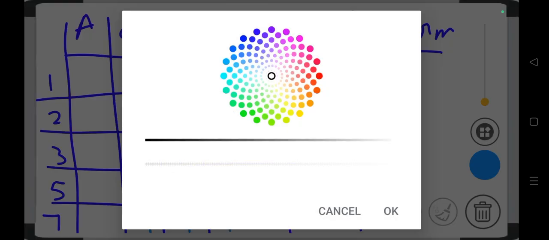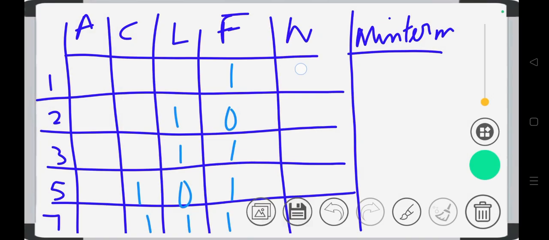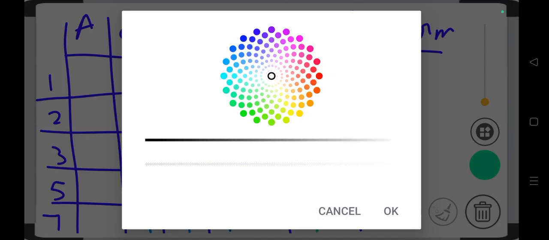As these were the yes terms, these were all answered as 1. So see, how do we write the min terms? Carefully try to listen to this.